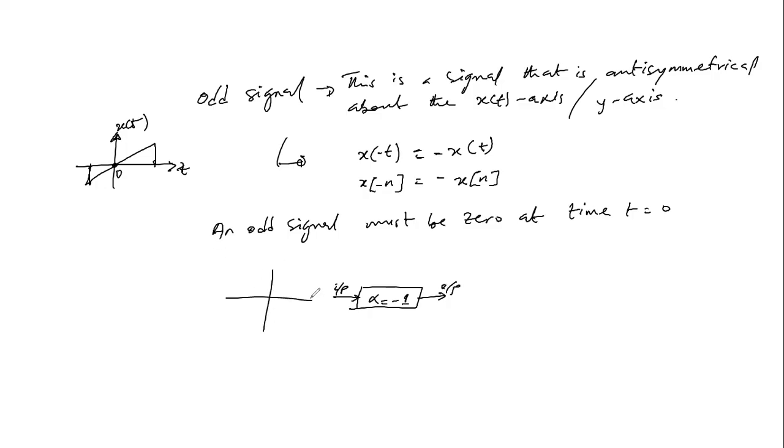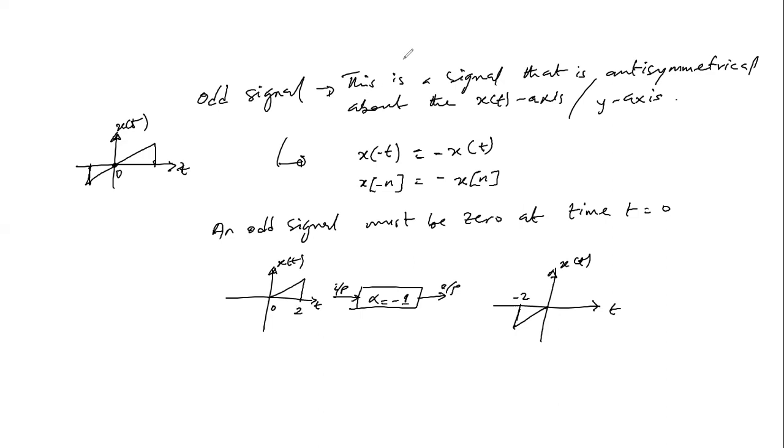If we have a signal, say a triangular signal, 0, 2, this is t, so S of t, then in performing the folding operation, we see that this is what we get.